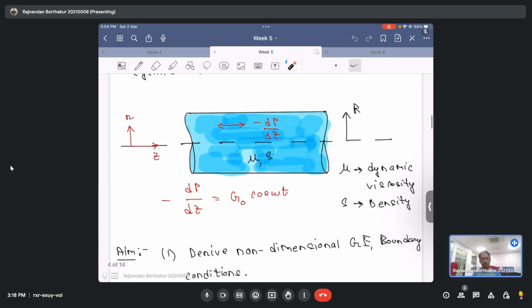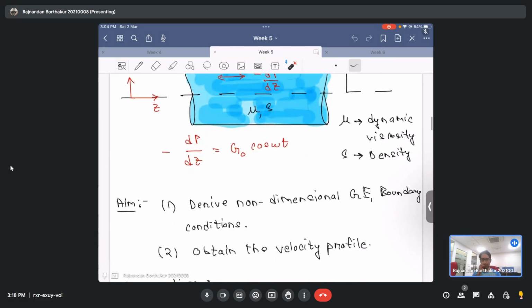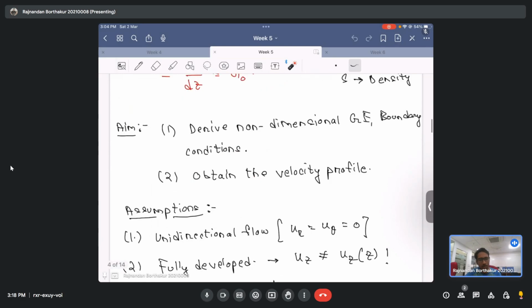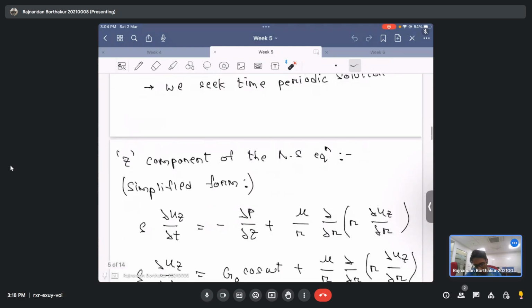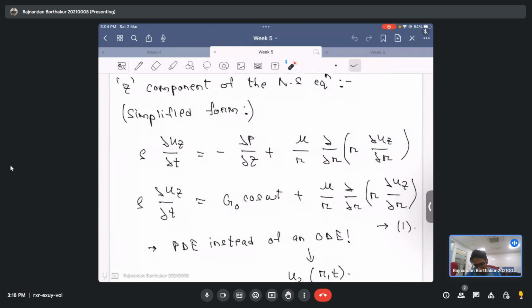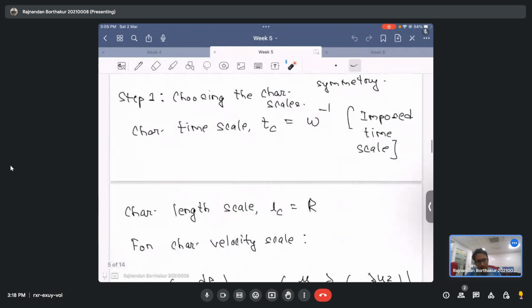So we began by implementing what we learned in the scaling analysis. We started by deriving the non-dimensional versions of the governing equations. We started with the dimensional governing equation and selected the characteristic scales. For instance, in our problem, we had an imposed time scale, which is the omega inverse, or the angular velocity.